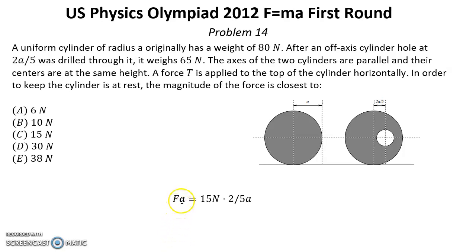Torque F multiplied by A must be equalized by the force of gravity 15 newtons multiplied by 2/5A. So from here we can find that force F equals 6 newtons.